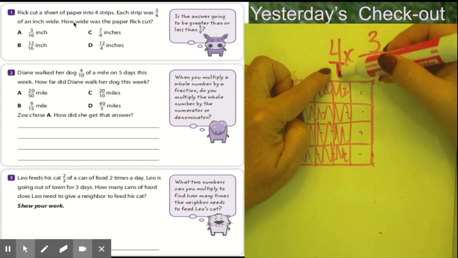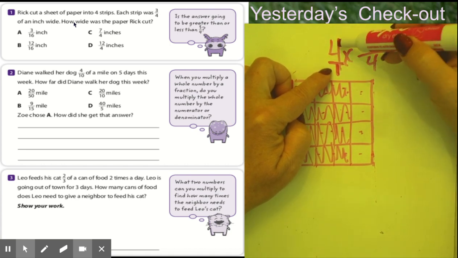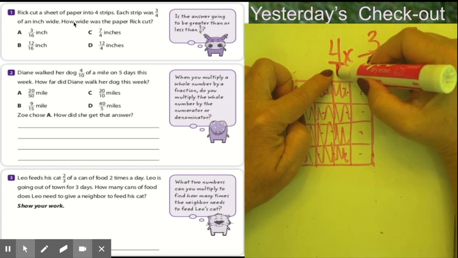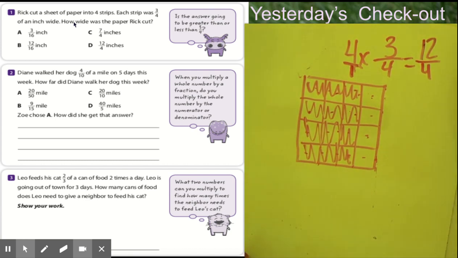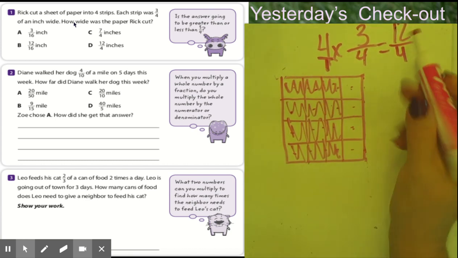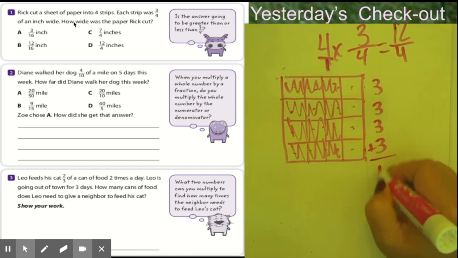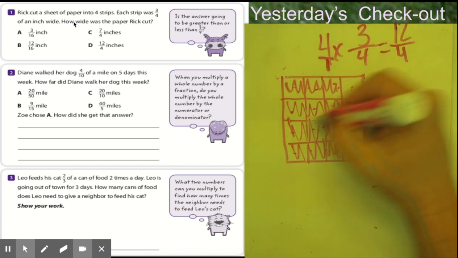But this is the magical way to turn a whole into a fraction. So 4 times 3 is 12, and then 1 times 4 is 4. 12/4 is the answer, or if you counted 3 4 times, you also would have got 12, and then there were 4 pieces in each.